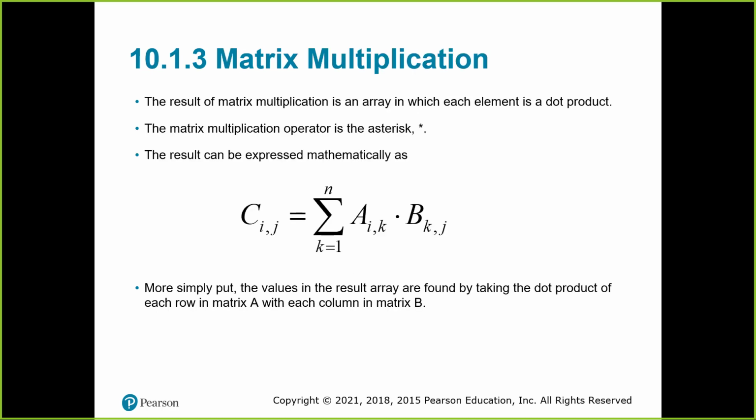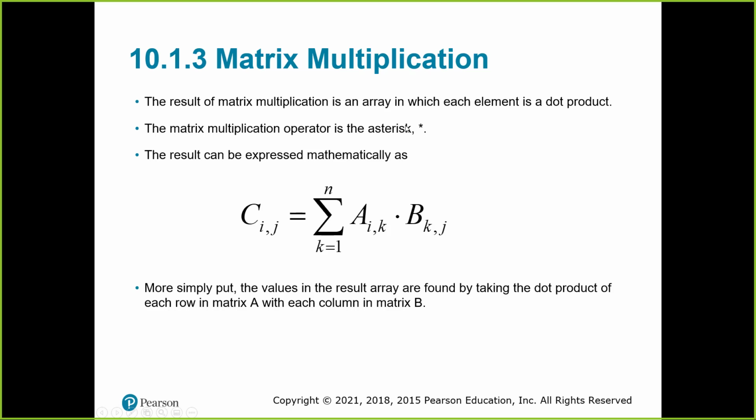So matrix multiplication is basically the multiplication in which each element is a dot product. And we'll show you that here in just a second.